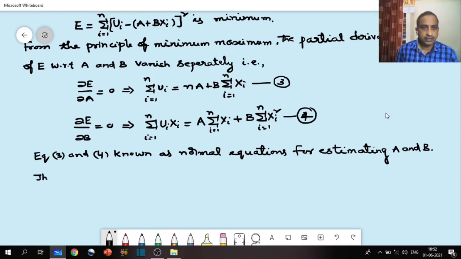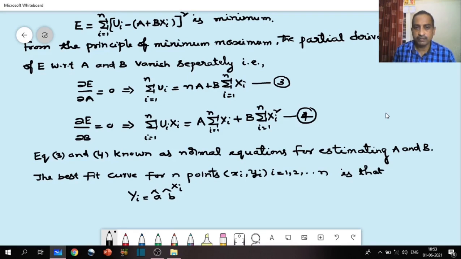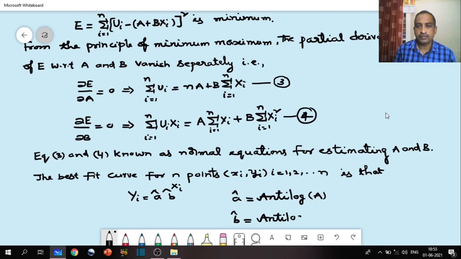So the best fit curve for the n points xi, yi, i equals 1 to n is yi equals a hat b hat power xi, where a hat is the anti-log of A, and similarly b hat, the estimated value of b, is the anti-log of B. Why?